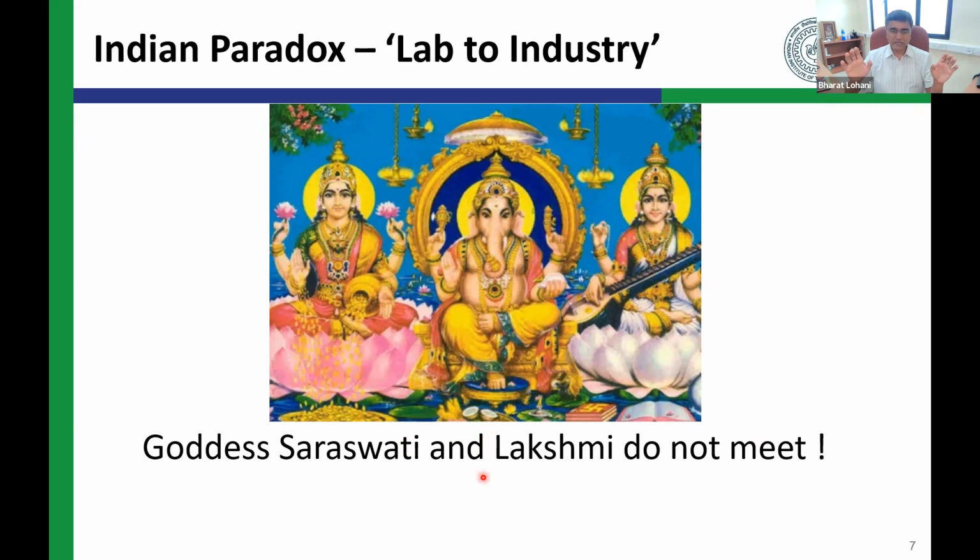What do I want to emphasize by this? Goddess Saraswati is the goddess of education, learning, knowledge, while the goddess Lakshmi, we say, is the goddess of wealth. And generally, this is true across India, that we take it as a taboo that in a university setup, the knowledge that we generate should not be related with wealth.